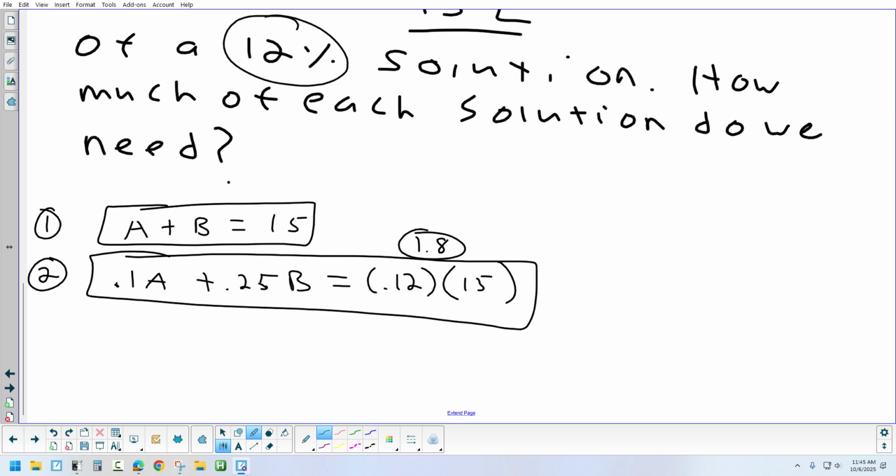So with substitution, pick an equation and get one of the letters by itself. Which equation do you think is going to be easier to work with? Yeah, I would say the top one. There's no decimals in it. Which letter do you want to get by itself there? Doesn't matter. We can do A.